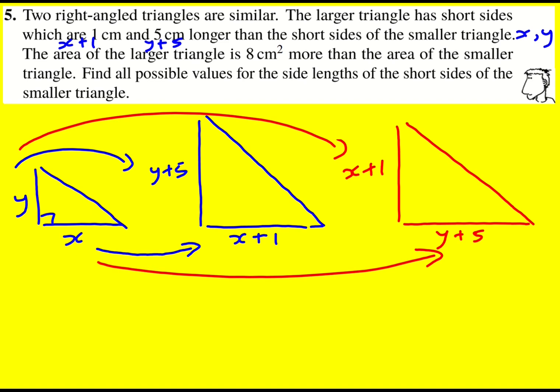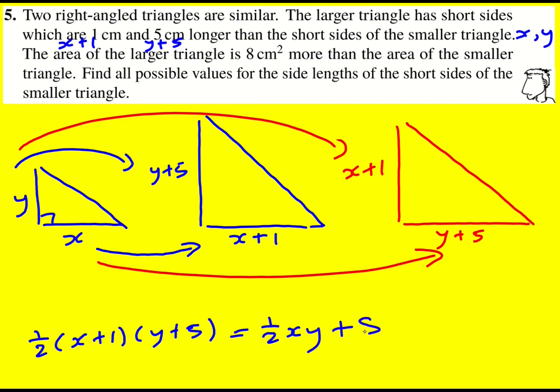Before we get onto that, let's just use this to think about the area. So the area of the larger triangle, which is a half times x plus 1 times y plus 5, is 8 more than the area of the smaller triangle, so half xy, and then we're going to need to add 8 on.